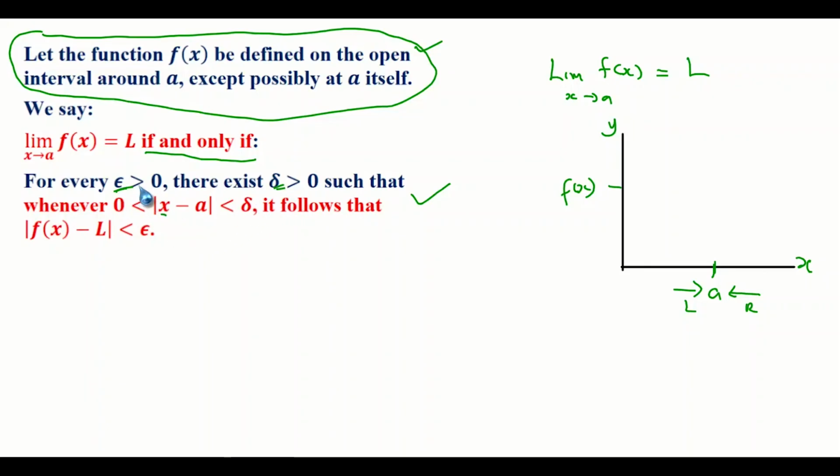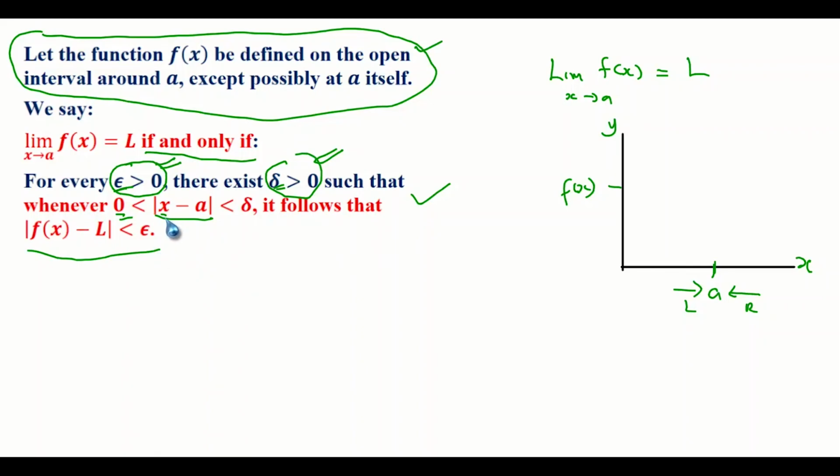If epsilon is greater than 0, then delta will be greater than 0. This statement here is like a universal quantifier. So if this one exists, this one must also exist, such that whenever this is greater than 0 but less than delta, it follows that this must also exist.